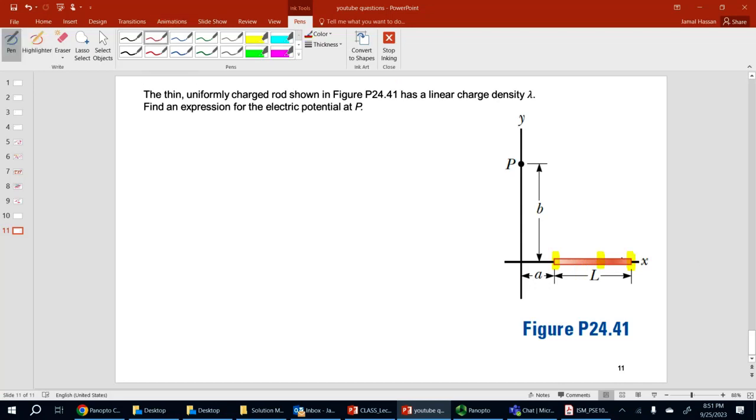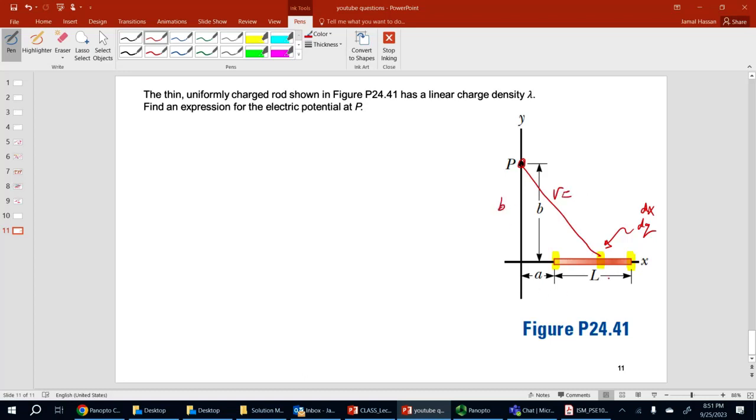Let's choose another piece somewhere in between. That small piece carries a charge dq and has a thickness dx. We want to find the potential at point P, so I need to know the distance between point P and dq, which equals r.